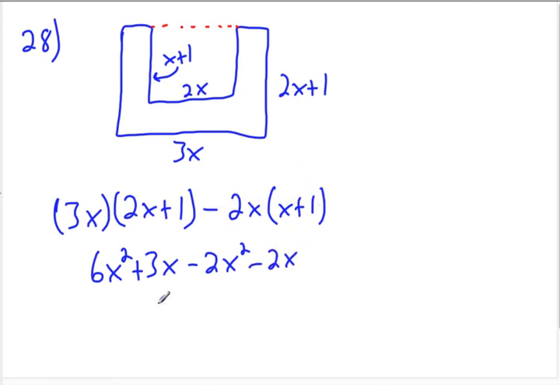Now simplifying, so 6 minus 2 is 4. And then 3 minus 2 is 1. So 4x squared minus x. Right, so, oh wait, plus x, sorry, 3 minus 2 plus x. My bad. Okay, moving on to 29.